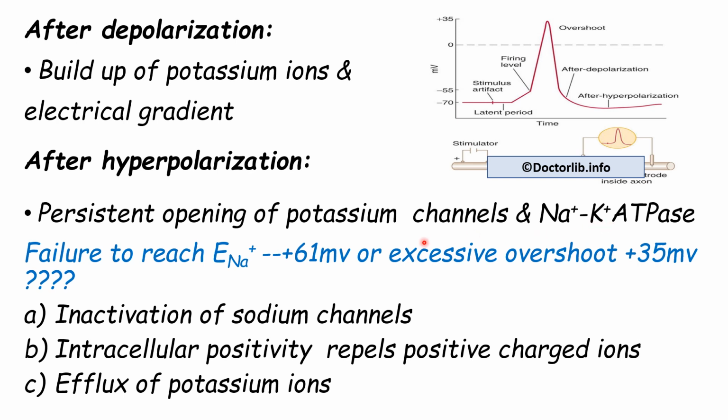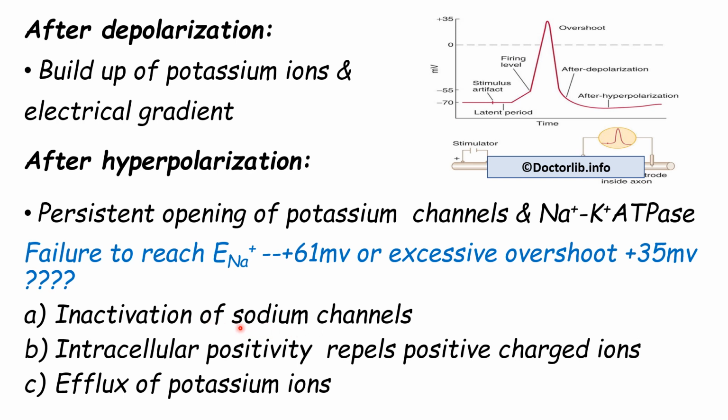Now why is there failure to reach the equilibrium potential of sodium, which is plus 61 millivolts? We reach only plus 35, and most of the time we don't go beyond that. We should have reached plus 61 millivolts, because now the membrane is more permeable to sodium ions, but there is inactivation of sodium channels.